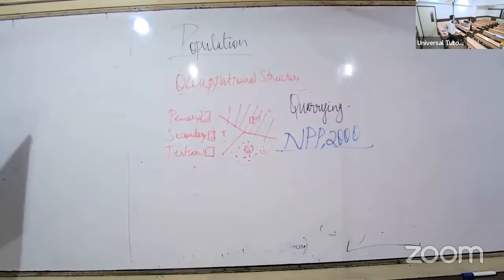Point number 1. Delayed marriages for both boys and girls, reducing the childbearing responsibility.